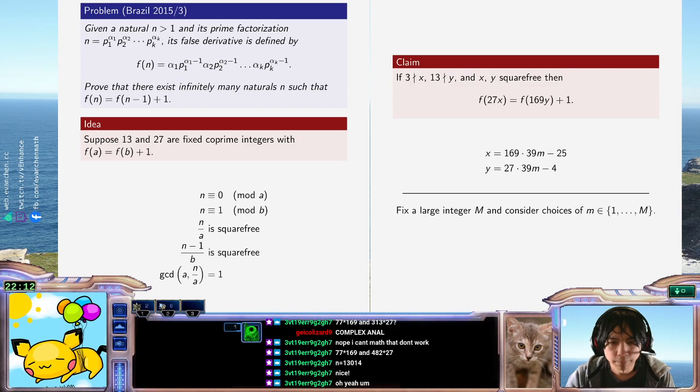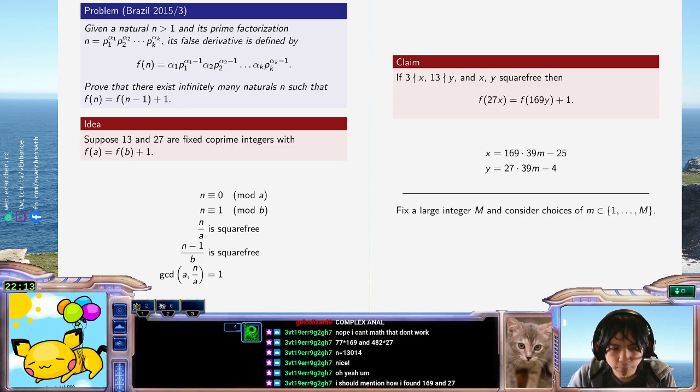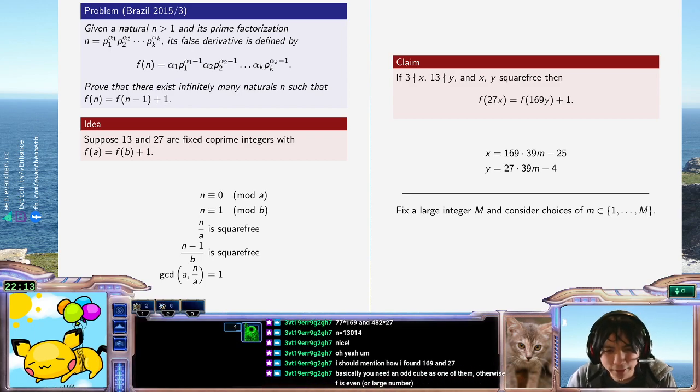So for each prime p, the number of m which it kills off is at most twice. So for every prime p, let's say p less than m, because if not, we'll just do, oh crap, no, it's okay.